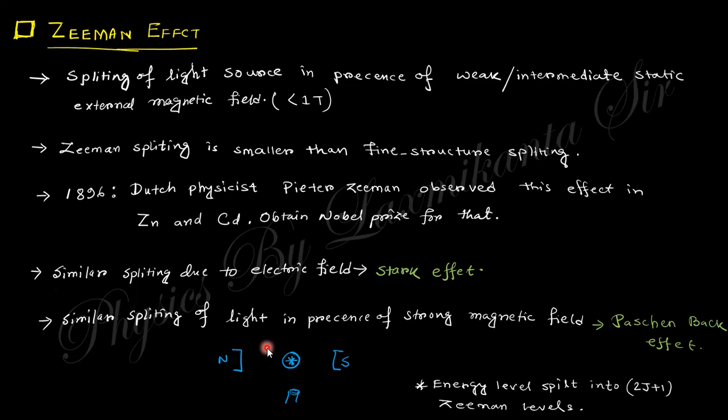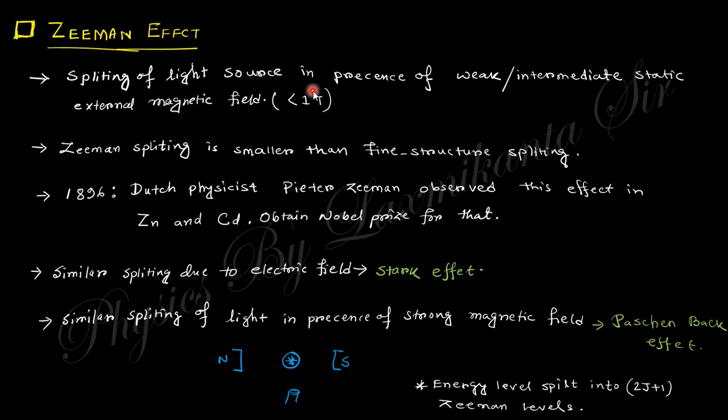That means without a magnetic field, you will get a single frequency, single wavelength light source. That is a monochromatic light source. You will get it without any external magnetic field. But if you apply an external weak, intermediate static magnetic field, that is, with a value less than 1 Tesla, then the monochromatic light is converted into polychromatic.